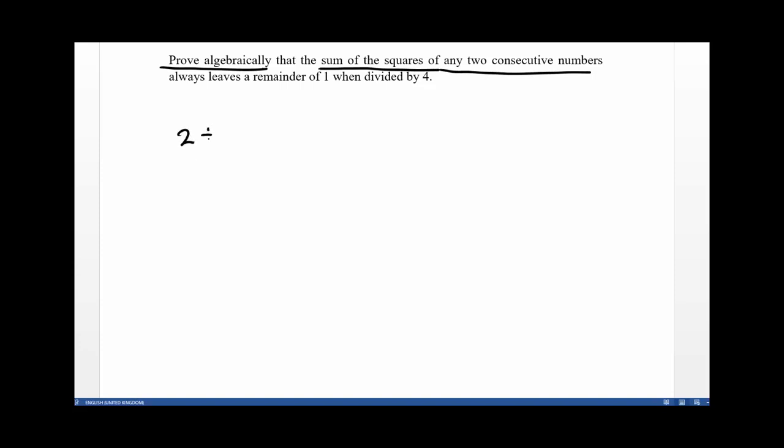That could be 2 plus 3, 4 plus 5, 100 plus 101. Okay? But they want it in the form that's algebraic. And they're looking for the squares as well. So they want this. At some point we're going to have to square these. Yeah? But I'm going to use this example as it's easier.